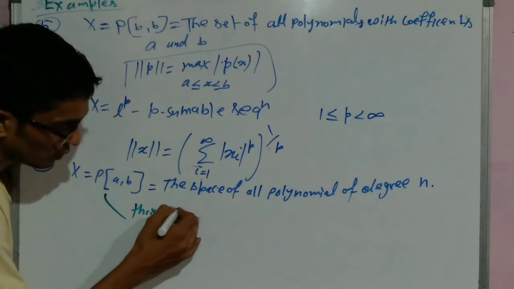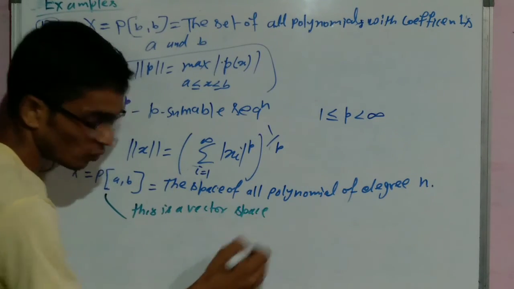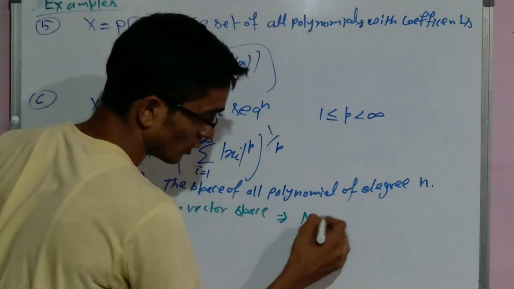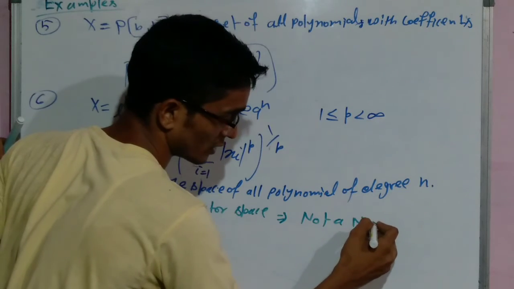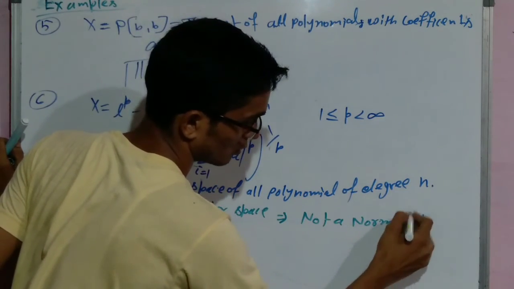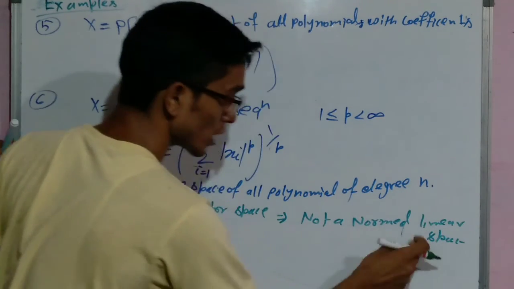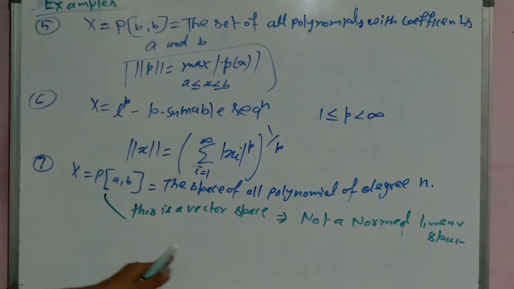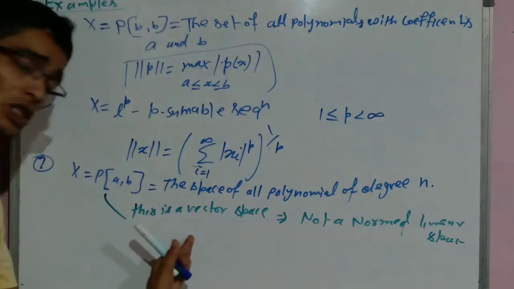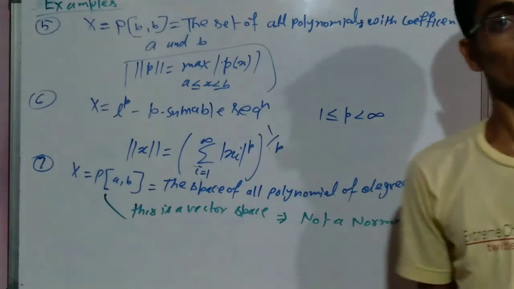So it is not a vector space. This implies it is not a normed linear space, because every normed linear space is a vector space, but it is not a vector space, therefore it is not a normed linear space.